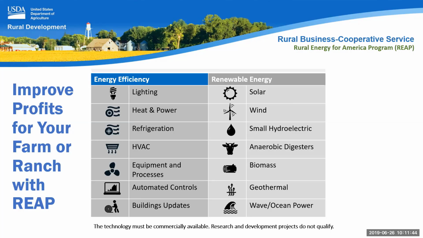On the renewable energy side, some types of eligible technology would be solar, wind, small hydro, anaerobic digesters, biomass, geothermal, and wave or ocean power. It's important to remember that whatever technology you're interested in has to be commercially available. Research and development projects do not qualify under this program.